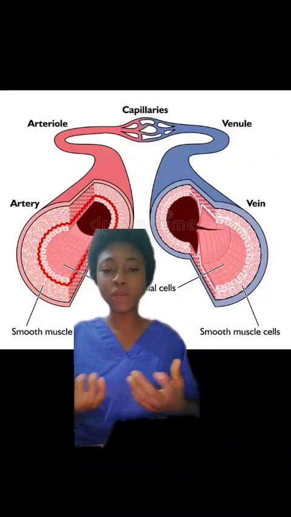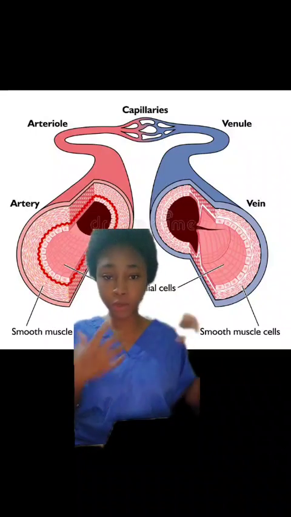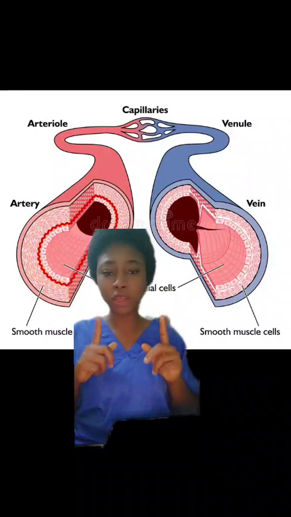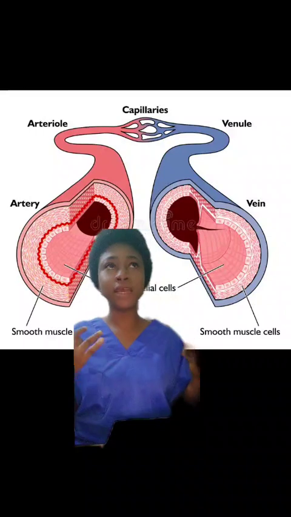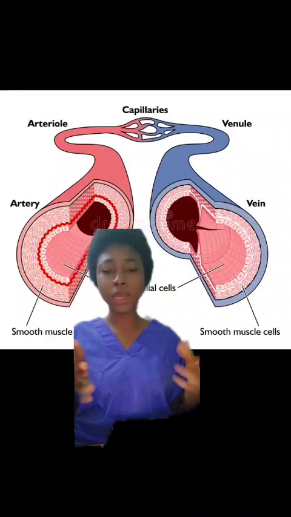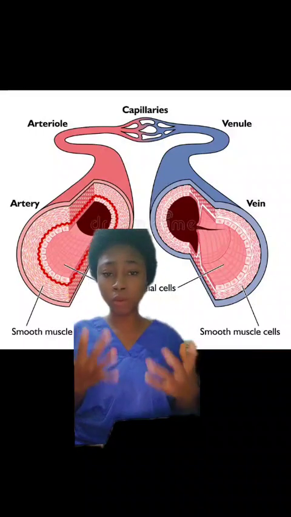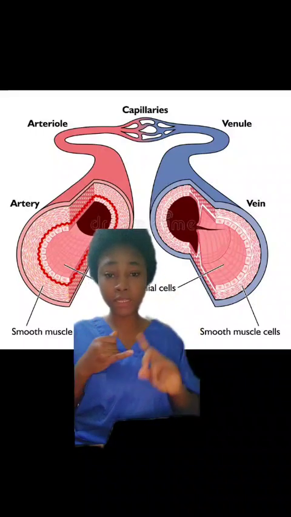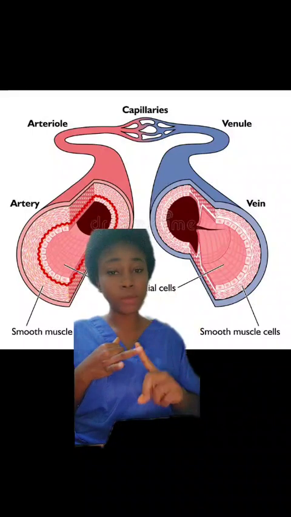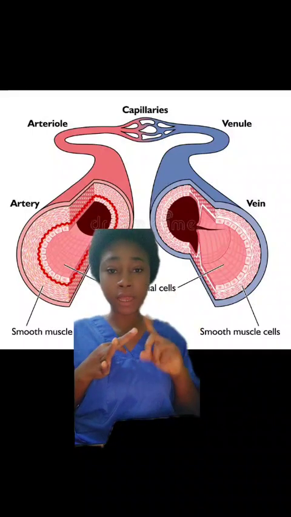And then we also talked about the vein. We said the vein carries deoxygenated blood from the body to the heart, except the pulmonary vein, which carries oxygenated blood. The structure of the vein has different layers: the tunica intima, the tunica media, and the tunica externa.